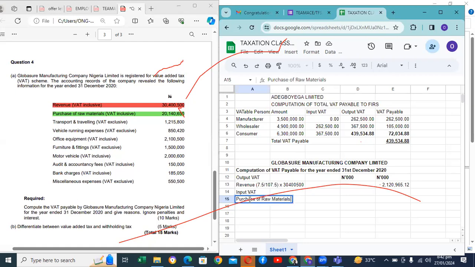So purchase of raw materials. Is it VAT inclusive or exclusive? It's inclusive. So you do 7.5 over 107.5 times the amount, 140,650.